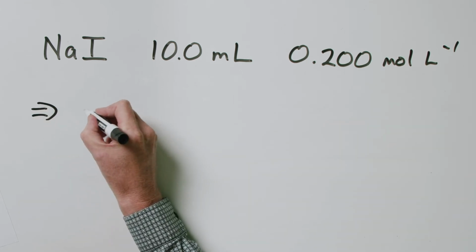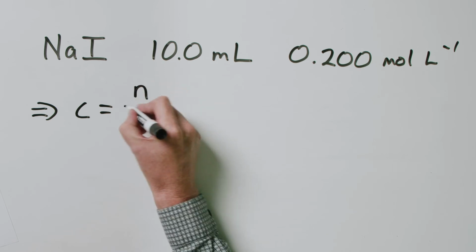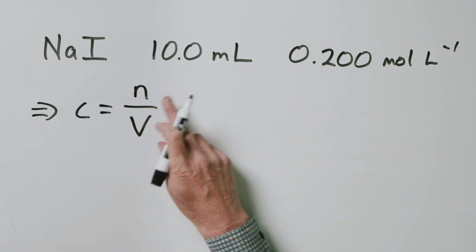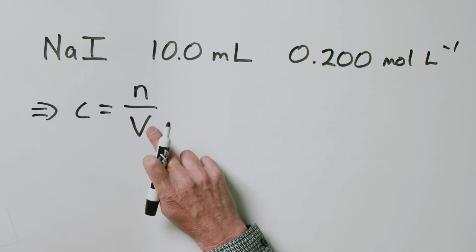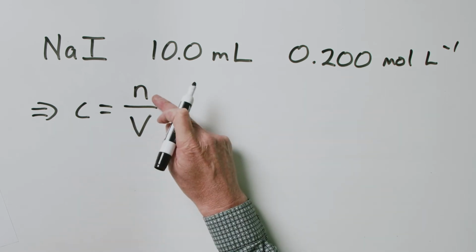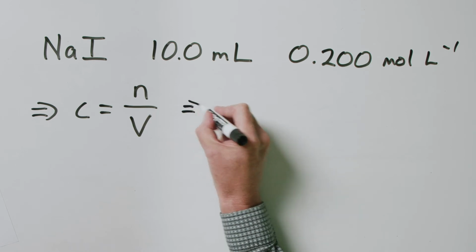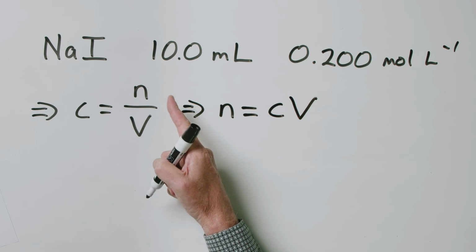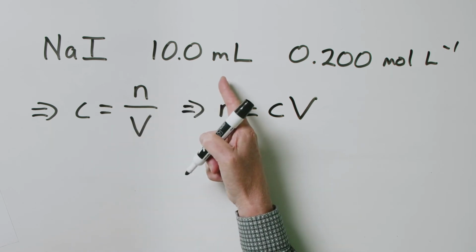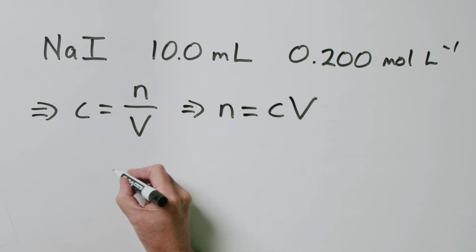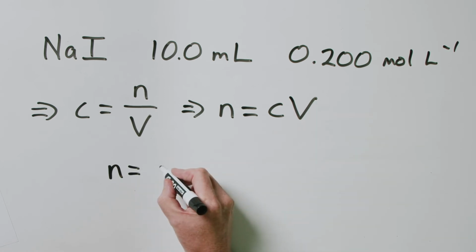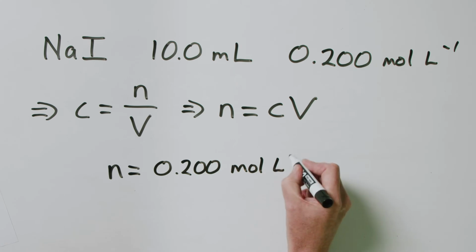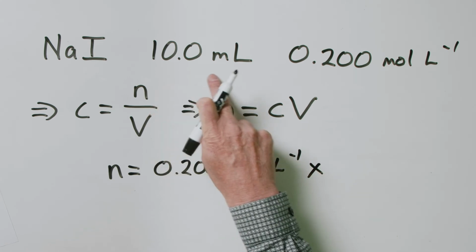We've been given a volume, we've been given a concentration, so we know V, we know C, so therefore chances are we're going to be using good old C equals n over V, or a rearrangement of that, because we know volume, we know concentration, we need amount. So therefore n is equal to CV. So the number of moles of sodium iodide in that 10 mL, we can get from the concentration, 0.200 mole per litre, multiplied by the volume.